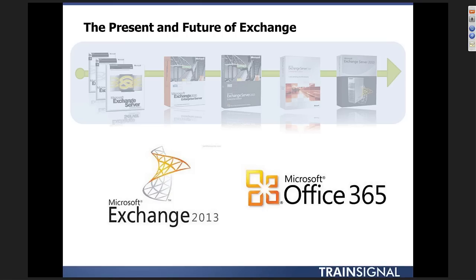Now, if you're wondering, should I deploy Exchange 2013? Well, you might want to wait and see what the features are first before making that decision. But I can tell you now that if you're using Exchange 2010, you currently cannot migrate to Exchange 2013. You can start over, but you have to wait for Service Pack 3 for Exchange 2010 before you can perform a migration over to Exchange 2013.